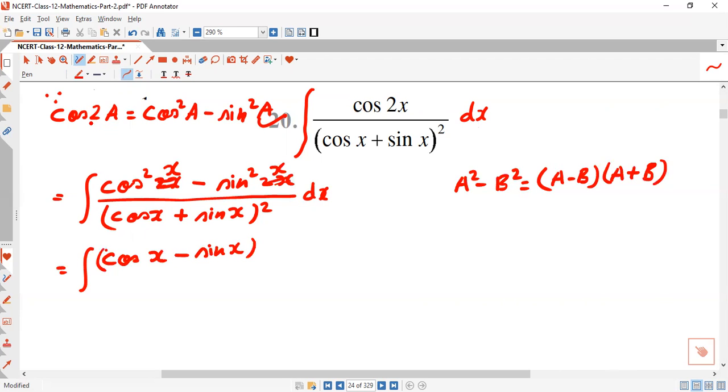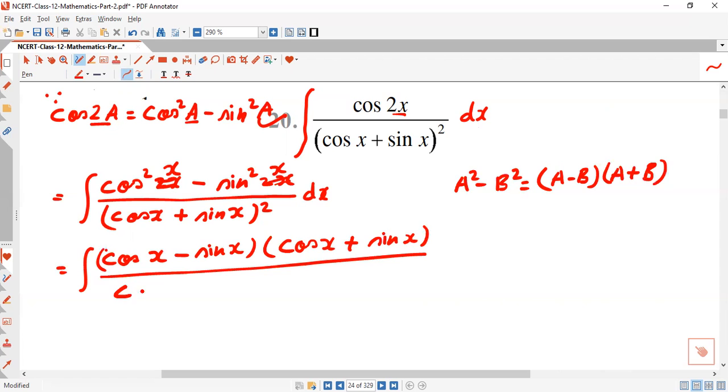Since 2a equals 2x, a will be equal to x, not 2x. So it is (cos x minus sin x)(cos x plus sin x) divided by (cos x plus sin x) whole square dx. Now you see this cos x plus sin x term is common.